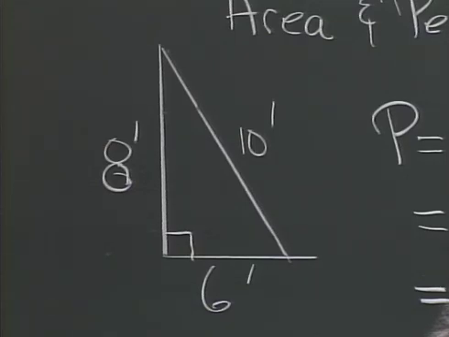Perimeter and the area. So you want perimeter and area. So again, the way we're doing this is you're just working on the problem, finding the perimeter and the area, but not referencing my solution at this point.